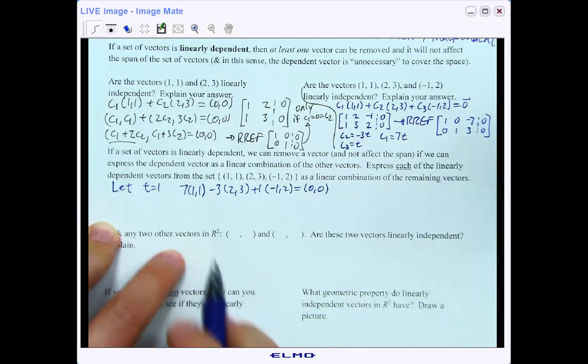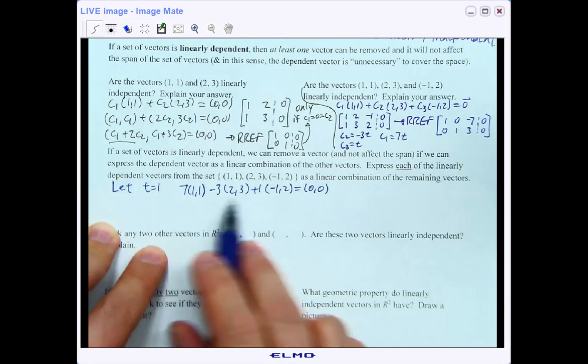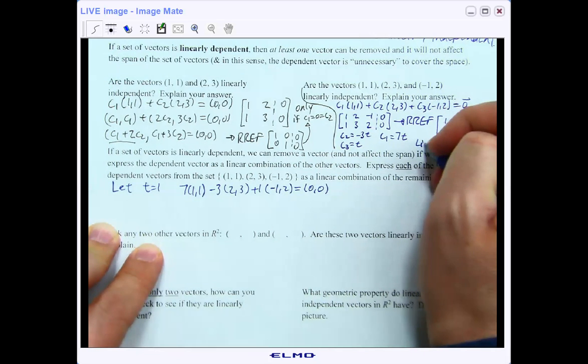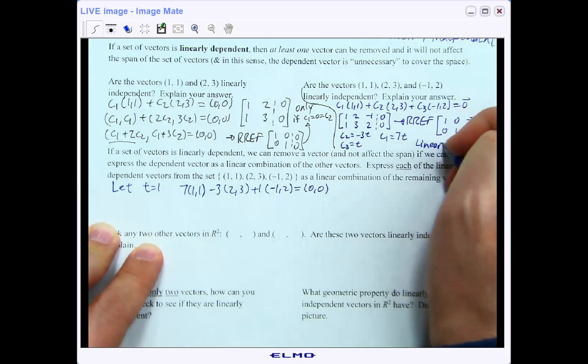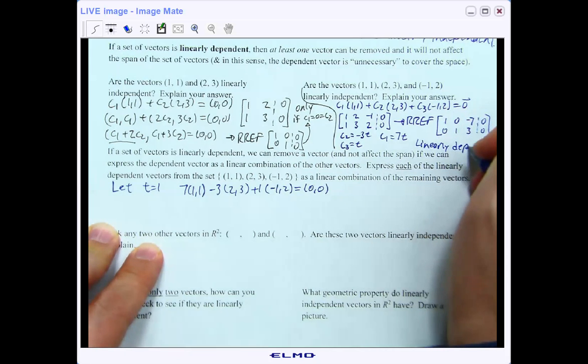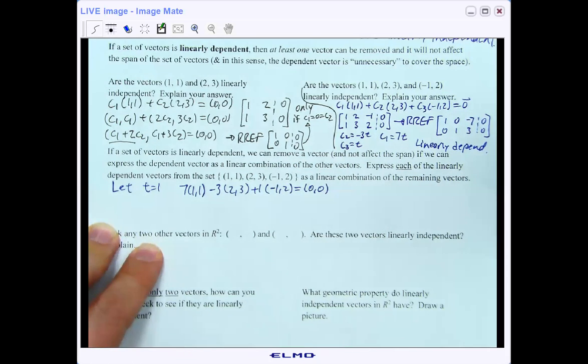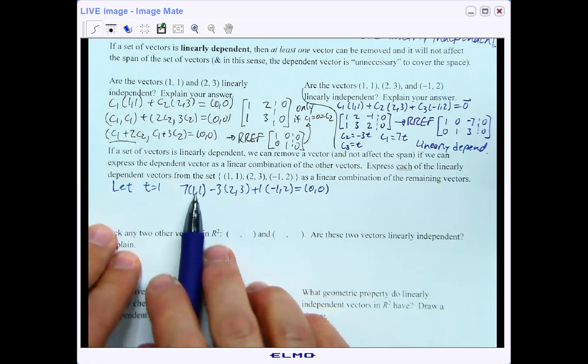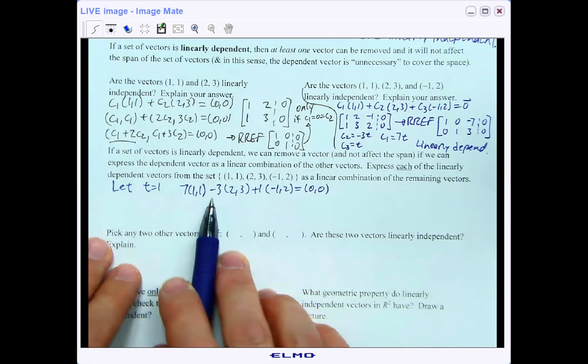So we know this set of vectors is linearly dependent. Since it's linearly dependent, we can solve for one of the vectors in terms of the others.